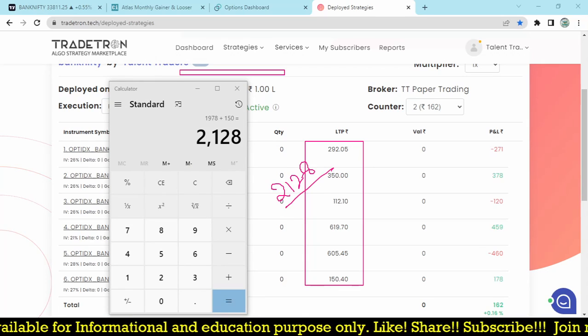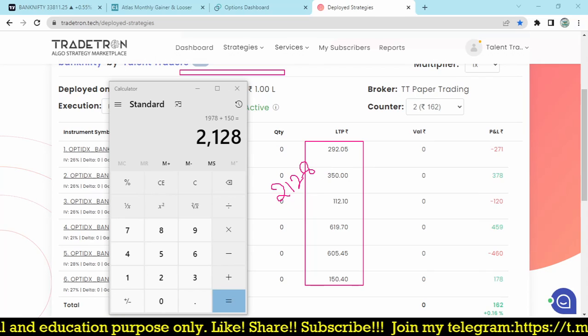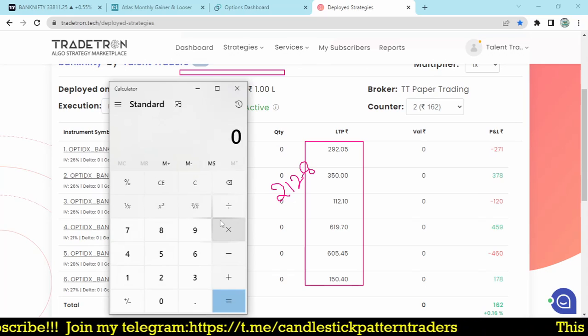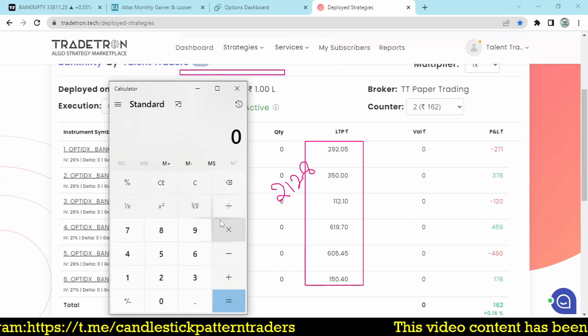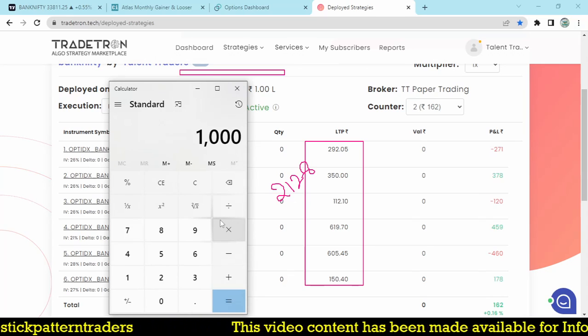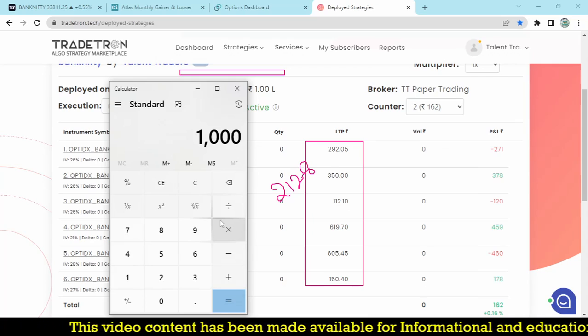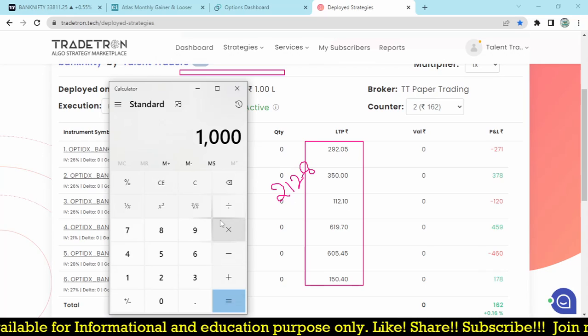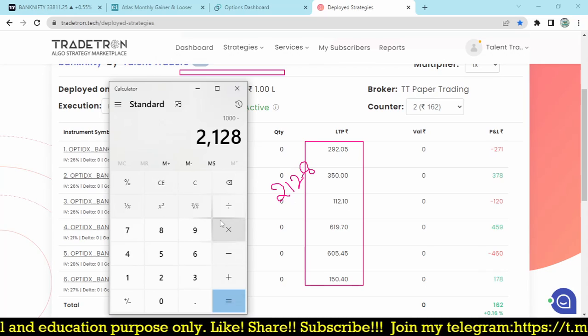But what is the exact premium for the trade? At the time I am taking the entry, upside 1000, upside 500, downside 500, the total premium is 1000. That is the real or intrinsic value of the in-the-money option. The remaining are all ATM and OTM, where there is no value. But the total premium is 2128.